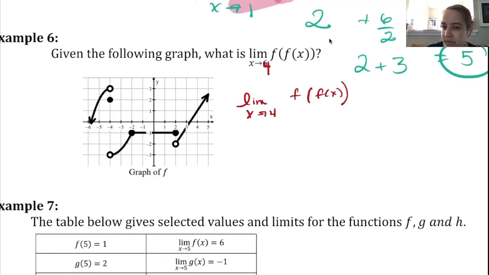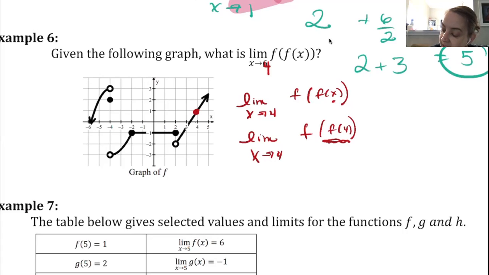So we're going to put the 4 on the very inside. You start in here. So this is equivalent to f of 4. Once you put that 4 on the inside, you're going to come over to your graph and evaluate it. So here's 4, and you come up here and draw yourself a dot. So for f of 4, you're really looking for the y value, which is 1.